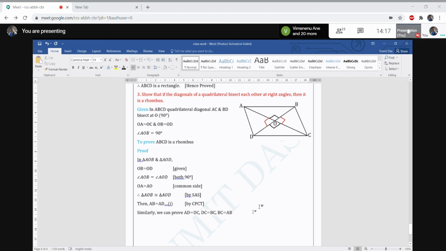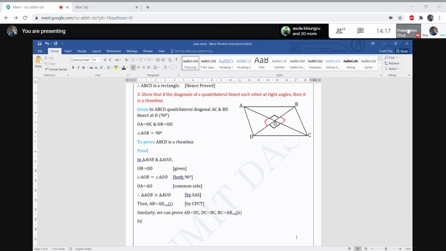Okay, so mark this one 1 and this one 2. From 1 and 2 we can write what? From 1 we prove AB equal to AD, and from 2 we can prove AD equal to DC, DC equal to BC, and BC equal to AB.